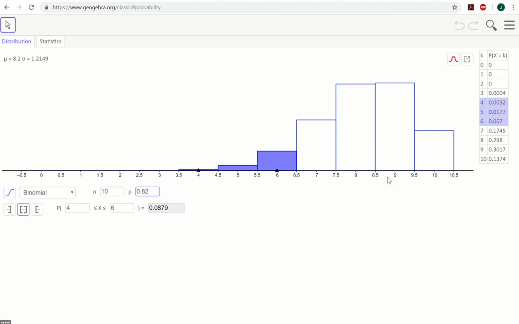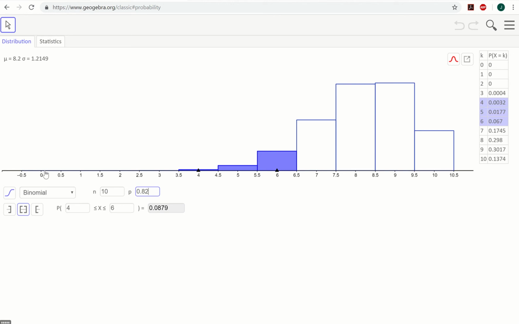The height of these bars relates to high probability of occurring, and we can see it's focusing near this 8.2 area, about 8 to 9 baskets is what we expect, just like that 82% coming through. We expect these larger values, and then you can see the bars decrease. These are the cases where it's less likely to occur because she's so good.